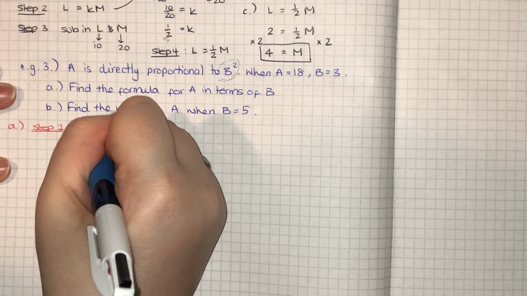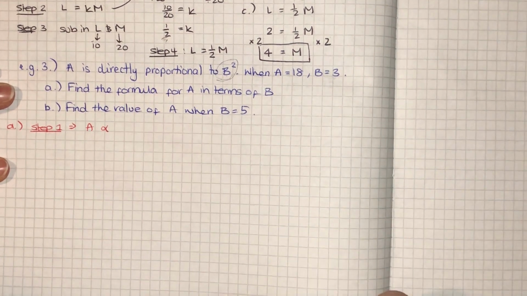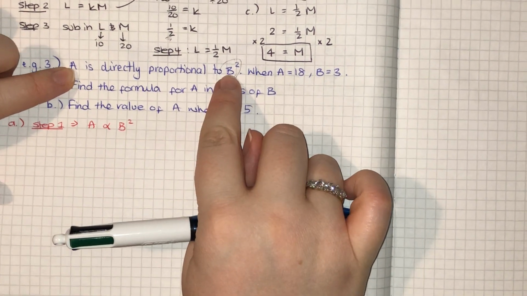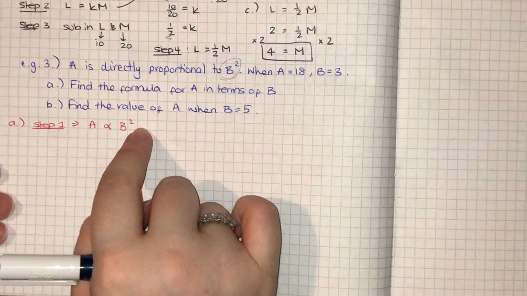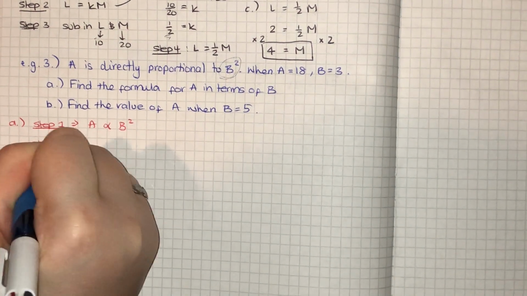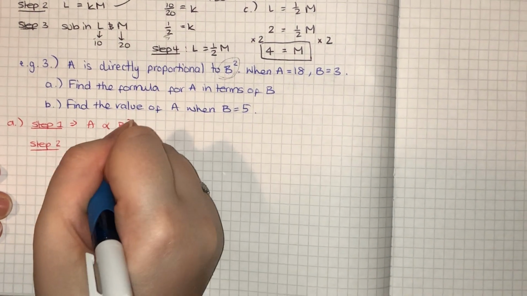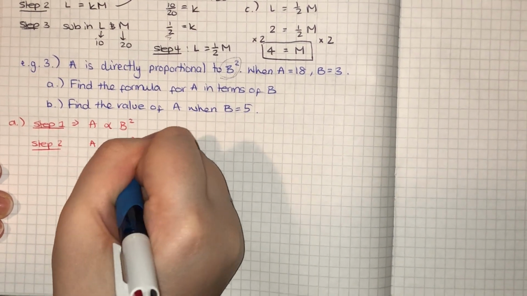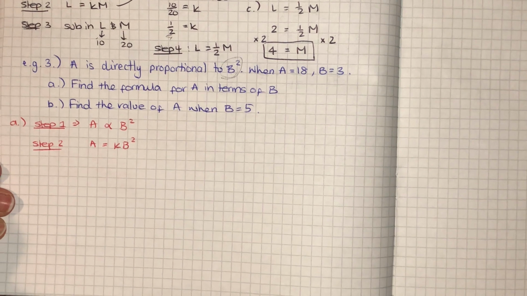So it would be A is directly proportional, so the little fish, to b squared. So it is just the symbols that you see. It will be b squared, it won't just be b. Step 2 needs to be an equation, so it'll still be a and b squared, but there'll be an equals and there'll be a k in front of the b squared.